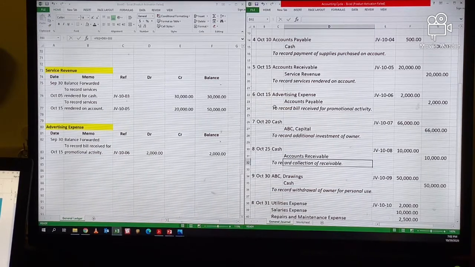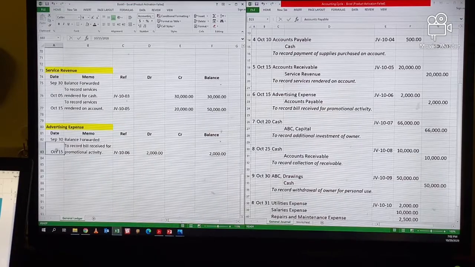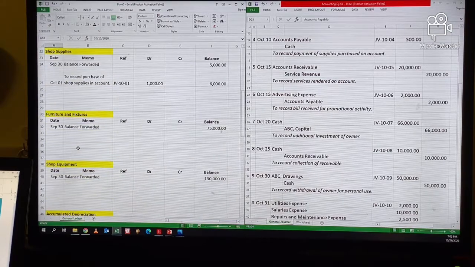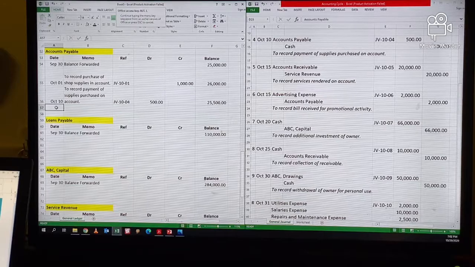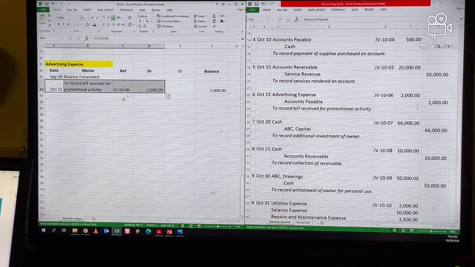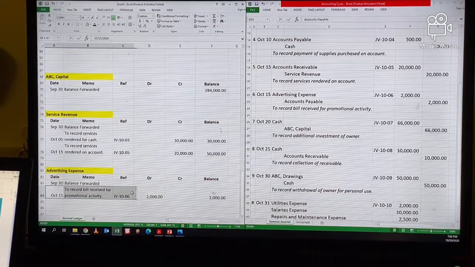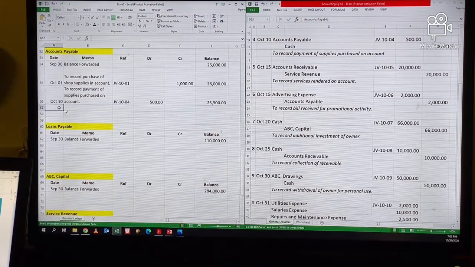Okay, next. Credit naman natin ay sa accounts payable. So, pupunta ka sa accounts payable. Kunin mo yung accounts payable GL mo. Of course, dito kasi ay nasa Excel tayo, kaya copy-paste lang ako. Pero, sa inyo, isusulat nyo talaga siya, isa-isa.